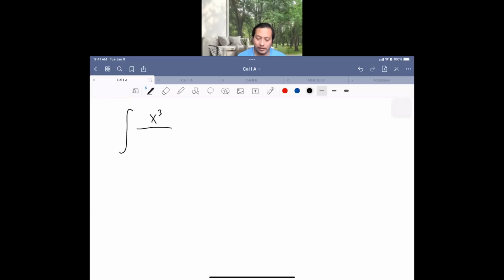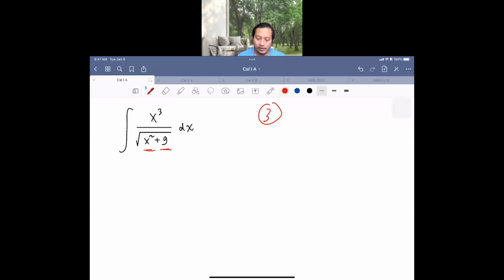So x cubed... this is the third case. We are seeing this part, we have a plus between the variable and a constant.